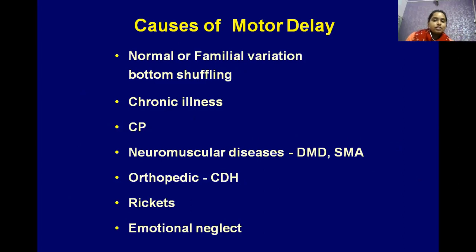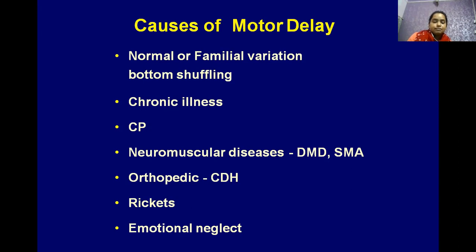So what are the causes of motor delay? It is very important to ask, and more important to inspect personally. First is normal familial variation, bottom shuffling, and it may be chronic illness, cerebral palsy, and neuromuscular disease like DMD and SMA.